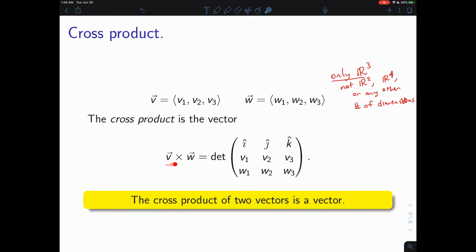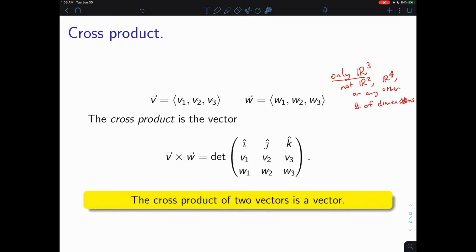So here's what the cross product is. The cross product of V cross W is given by a determinant. It's a 3 by 3 determinant, so you can see why we needed to look at 3 by 3 determinants. And it's a 3 by 3 determinant where I take the first vector in my cross product, which is V, and I list it across that row.